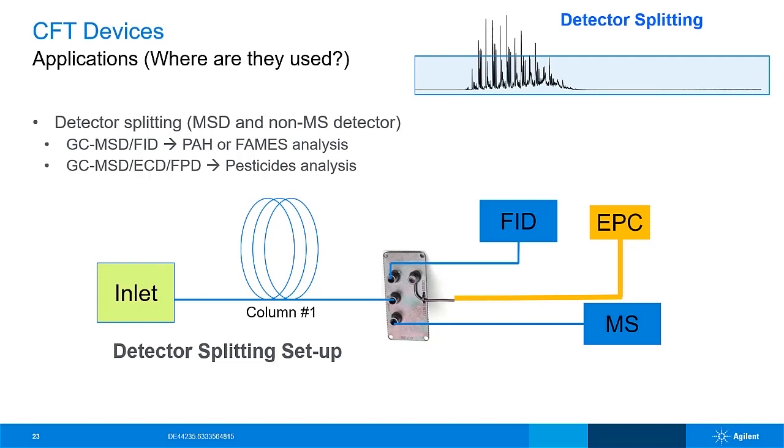For example, you may split a signal between a mass spec for your structural and unknown compound identification, an ECD to identify your chlorinated pesticides and confirm them, and also an FPD to look for sulfur or phosphorus compound confirmation. For any splitting between a mass spec and another detector, a purged splitter must be used to help keep the balance of the split flows. Comparatively, for splitting between two atmospheric detectors, such as two FIDs or an FID and an NPD, a simple unpurged splitter can be utilized since the outlets are balanced.